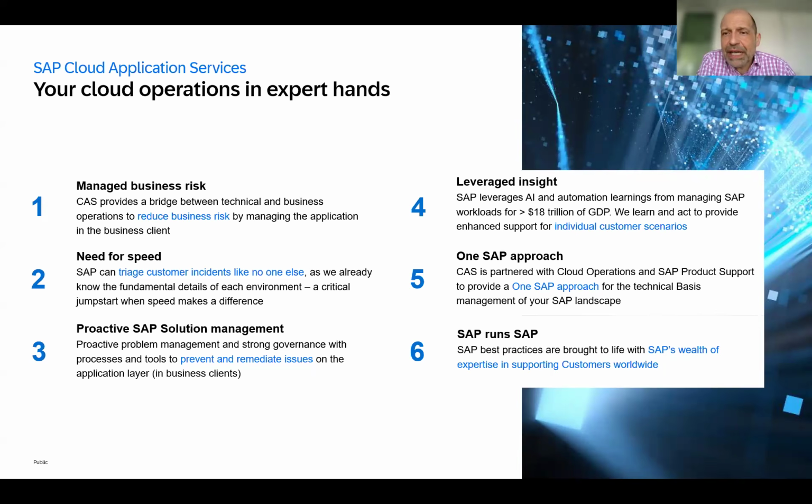We also follow the One SAP approach, which means we partner closely with the ECS or Cloud Operations team and the product support, so that issues which are not clear at the beginning can be handed over and jointly analyzed. For example, if we have a topic in the layer between cloud operations and CAS, we take care of addressing and discussing it, and you will only be notified about the progress and the resolution.